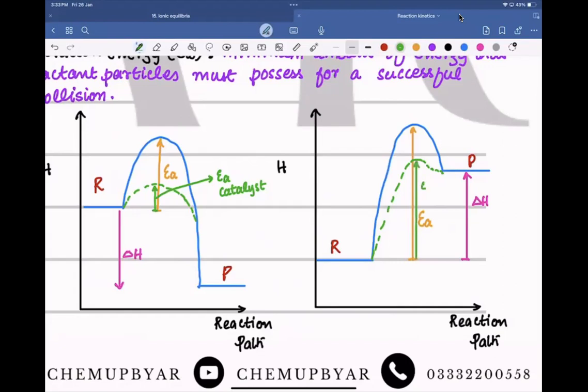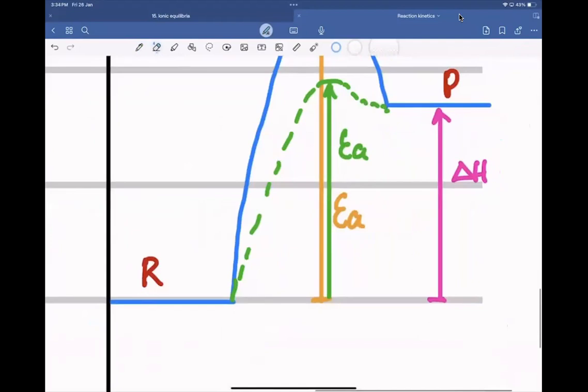So this is the new activation energy which is with a catalyst. Is this clear?